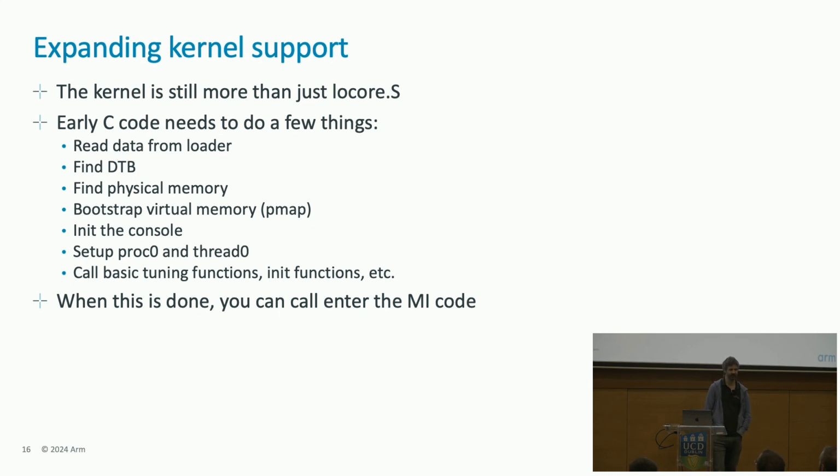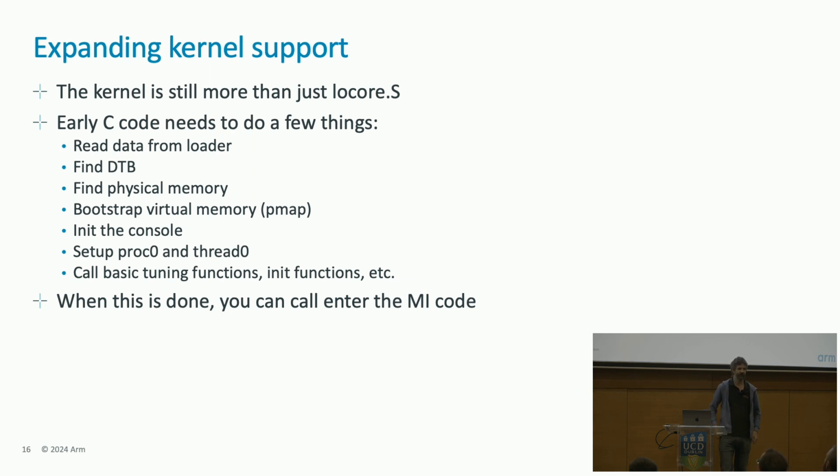You need to do a few things though in C. You can't just start running your machine independent code. There's some data that gets passed from the loader to the kernel, things like your DTB, or ACPI tables now, but at the time it was just that.